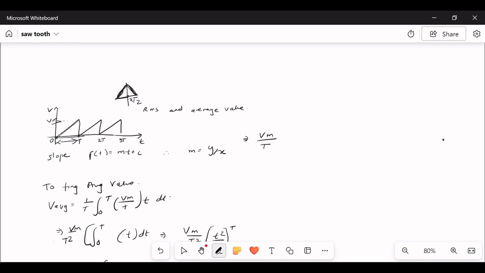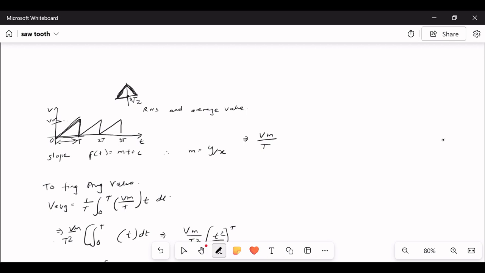But here there is only one rising slope from 0 to T. From maximum voltage Vm, at time period T there is an instant fall, so we don't need to find the slope of the second half. Here there is only a rising slope.